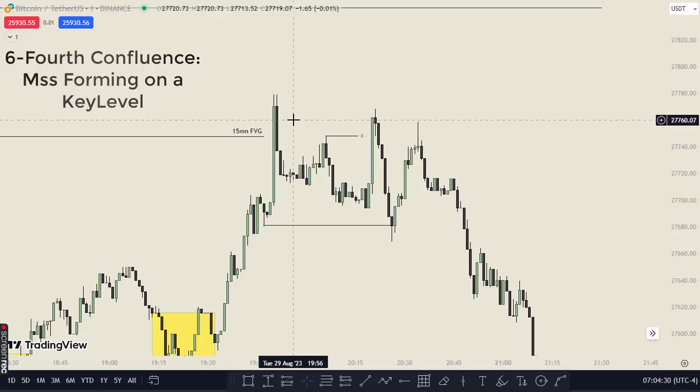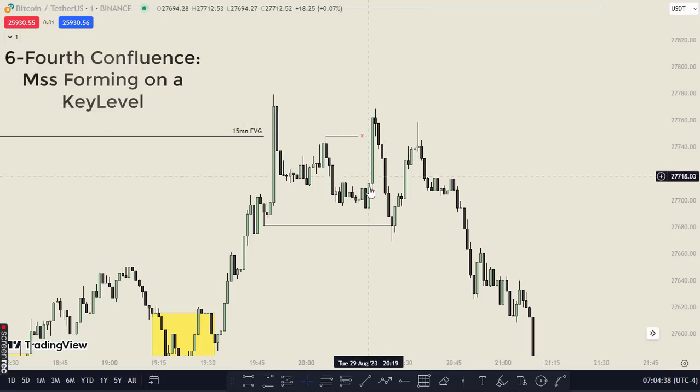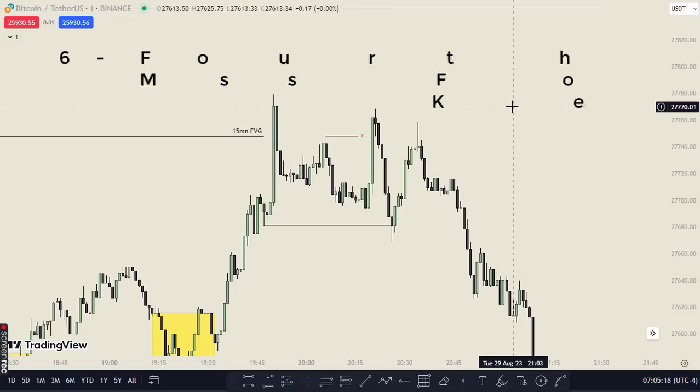For example, if we are operating on a 15-minute chart, so imagine this structure, these candles are on the 15-minute chart, right? Then you want to see that the point of interest would be a 1 hour, for example, a 1 hour fair value gap, or a 1 hour order block, right? Or a breaker block. So that is the fourth property, a key level. The structure must happen on a key level.